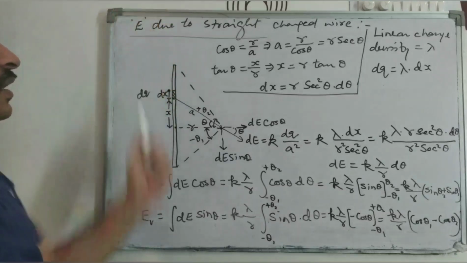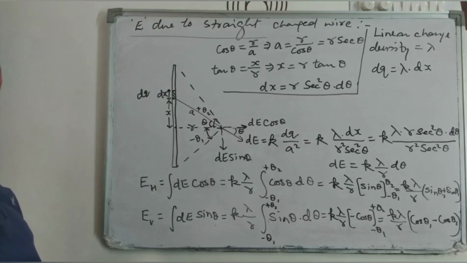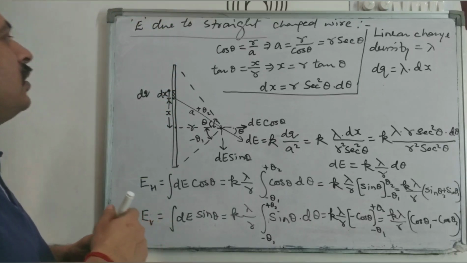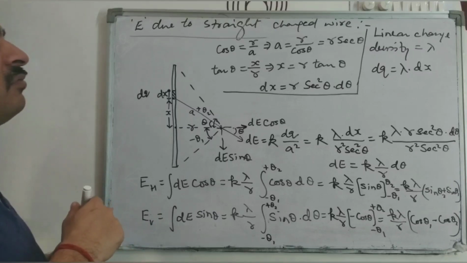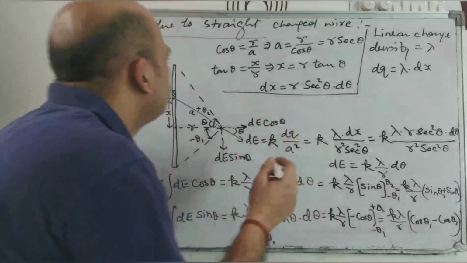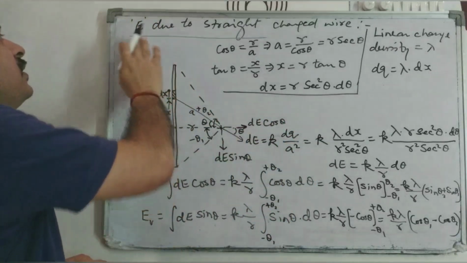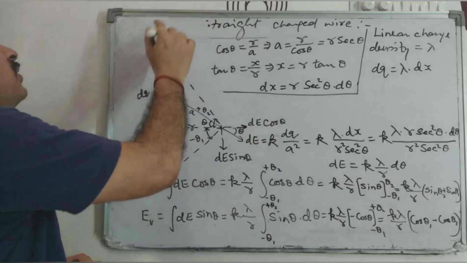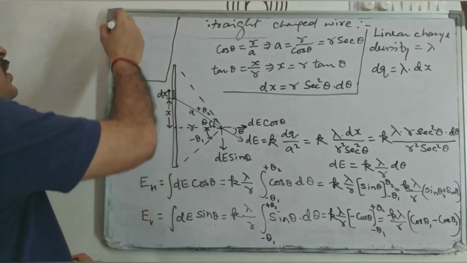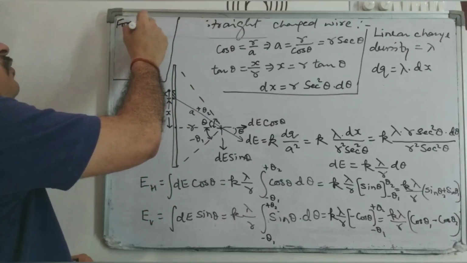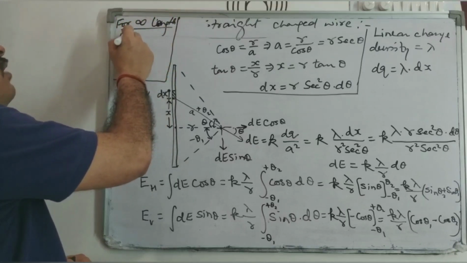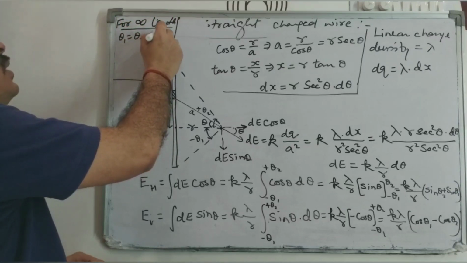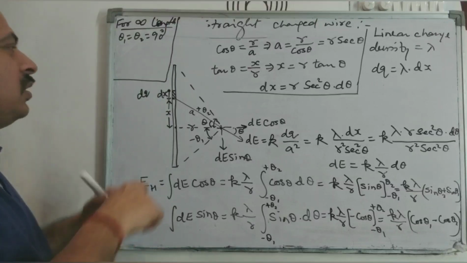If the wire is of infinite length, then we don't have space to write, so we have to rub this out. Let us write here. For infinite length, theta 1 is equal to theta 2, which is equal to 90 degrees. How come?